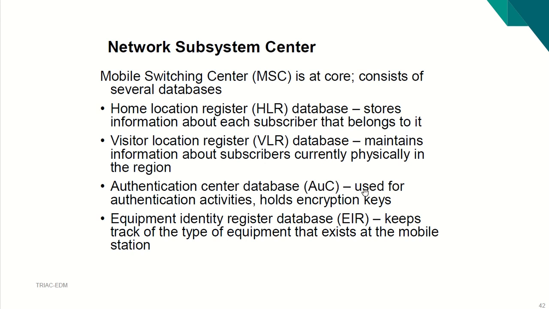And then the AUC database is used for authentication activity, and it holds an encryption key. If someone claims to be a specific device, it will use the encryption key to authenticate that user through encryption and decryption protocols, to verify that the user is not fake.